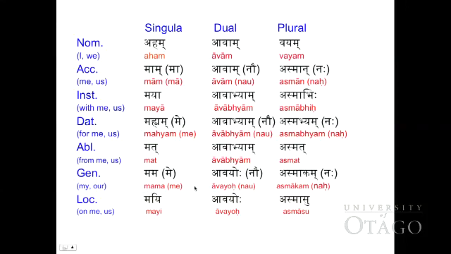Genitive: mama, avayoh, asmakam, or me, nau, nah. Locative: mayi, avayoh, asmasu. This is the first person pronoun I, we, and all the declension of the first pronoun.